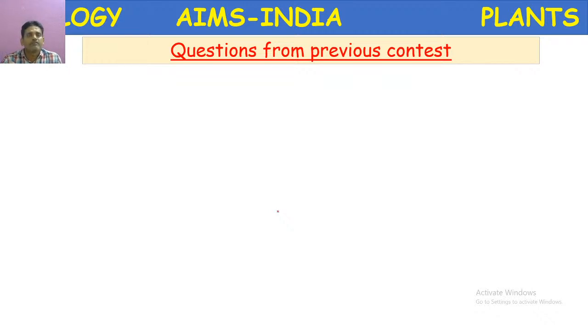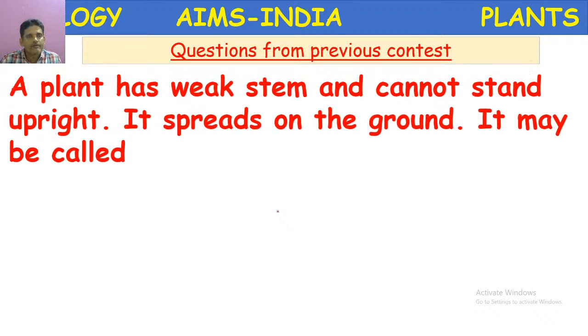So the optimum temperature is between 20 to 30 degrees. Optimum moisture is little, that is called the optimum. So be ready, children. Simple, very important questions were asked from this chapter in previous competitive exams. Those questions we will see now.